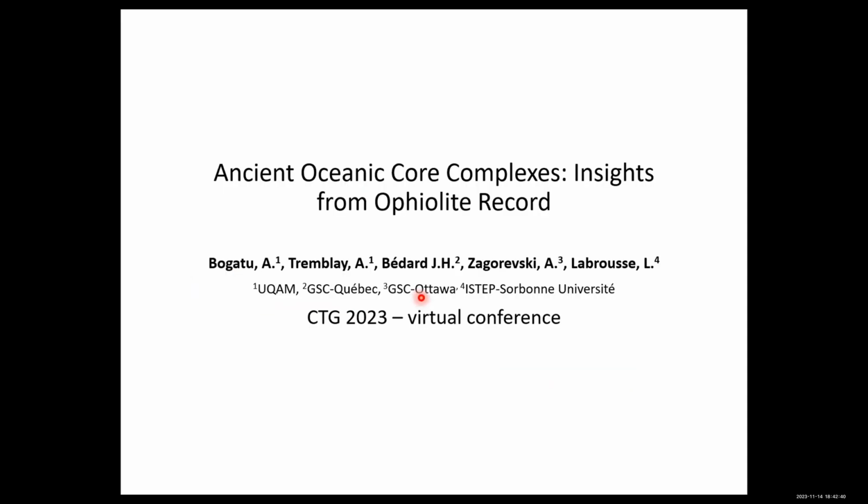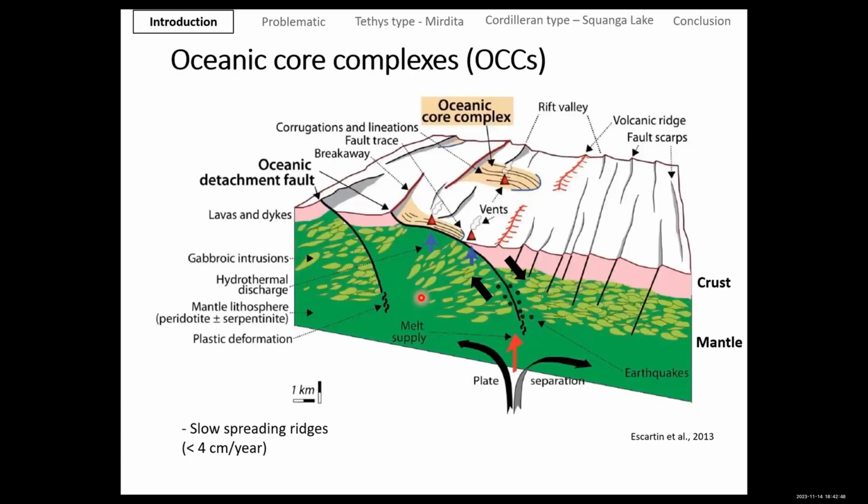Hello to you all. I'll be talking about oceanic core complexes, which are preserved in the ophiolite record. First, a quick reminder of what exactly an oceanic core complex is. Here we have a block diagram of an oceanic section with the crust here and the mantle. Oceanic core complexes are dome-like shapes formed on the oceanic floor along slow spreading ridges, so ridges that have a spreading rate of less than 4 centimeters per year.